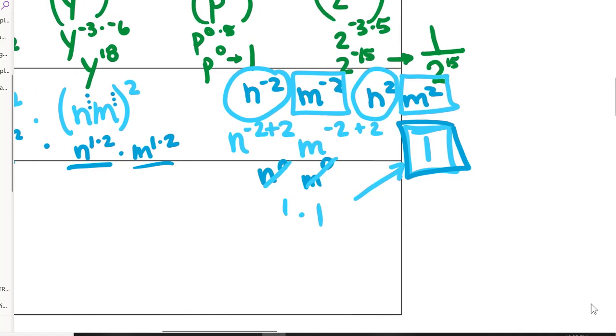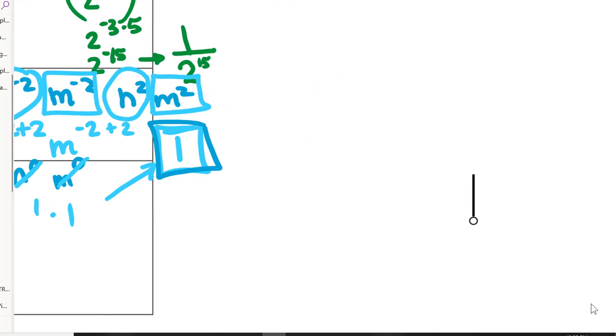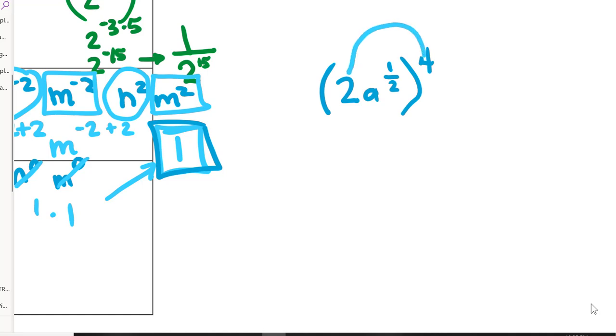Another example, and this one frequently trips students up, is let's say you had 2a to the 1/2 power, and all of that to the 4th. It's actually not the fraction that's the trouble. The part that students forget is that this 4 multiplies the exponent from the 2 and the exponent from the a. Now there is no exponent written on that 2, so we know that it's a 1 there.